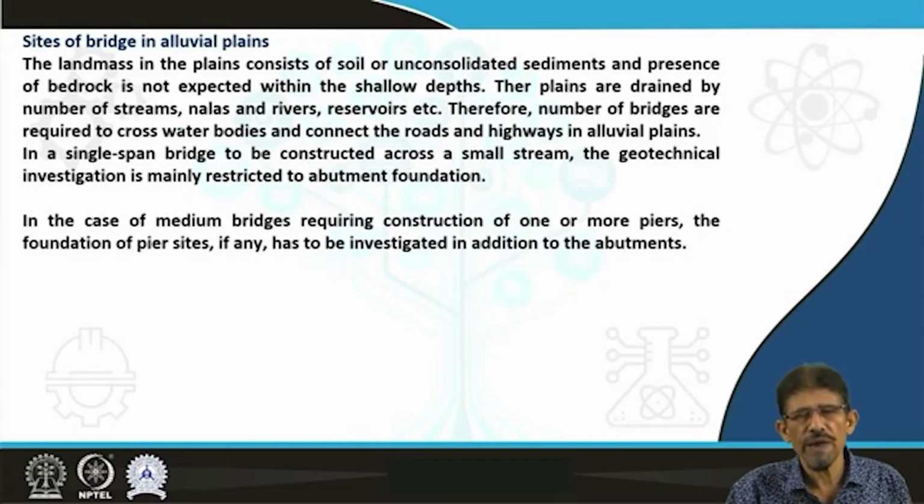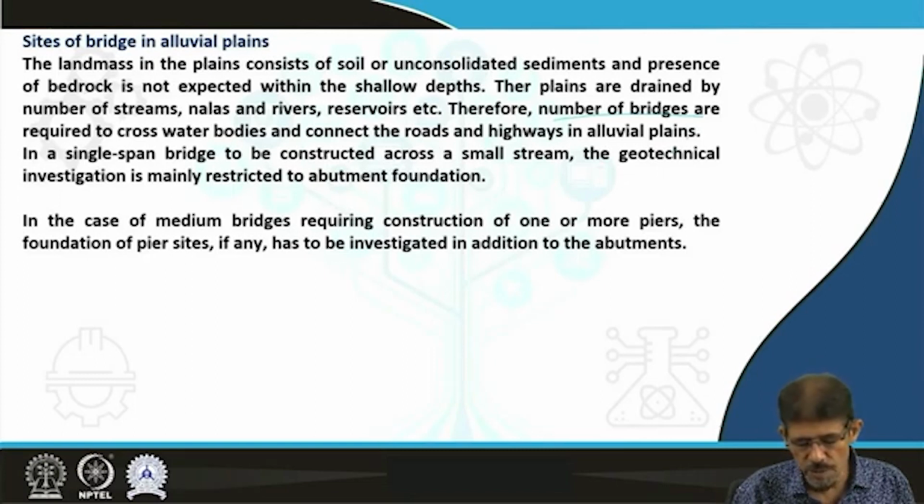As the river is in mature condition and has considerable channel width, it requires special attention regarding the construction of bridges in the alluvial plain area. The alluvial plain is drained by a number of streams, nalas, rivers, reservoirs, ponds, lakes, etc. Therefore, a number of bridges are required to cross water bodies and connect the road and highway in the alluvial plain.